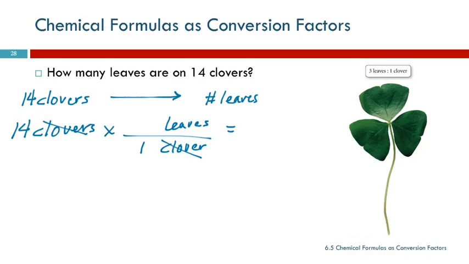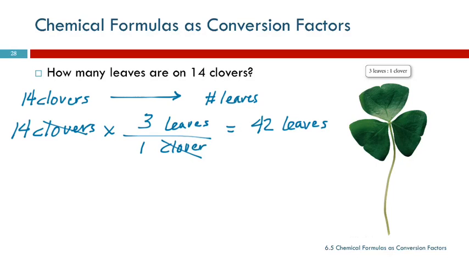So 1 clover has 3 leaves. 14 times 3. Let's try, I had a problem with my calculator. 14 times 3. Okay, there we go. 42 leaves.